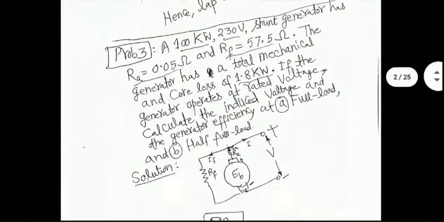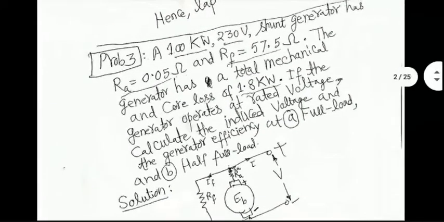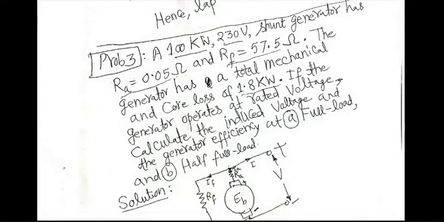Another one: a 100 kilowatt, 230 volt shunt generator has RA so much, RF equal to so much. There's a mechanical loss also here that makes life a little more complicated for us when it comes to efficiency calculations.